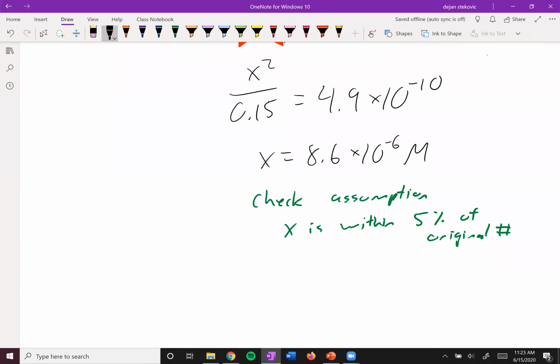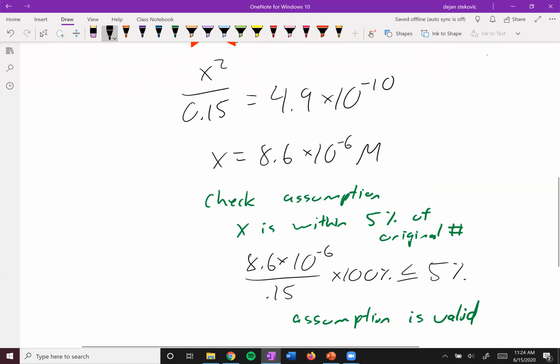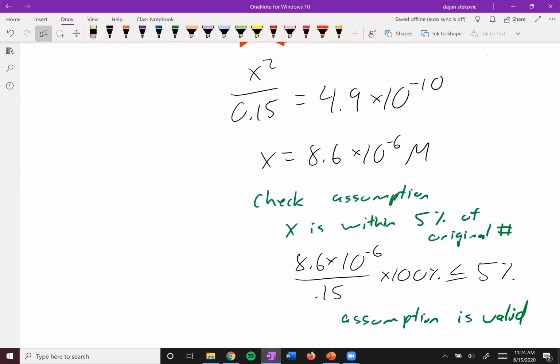So if we take 8.6 times 10 to the negative 6 divided by 0.15 multiplied by 100%, this number needs to be less than or equal to 5%. In this case, it is. It's not even close. It's a very tiny fraction of this number. And so if it's within 5%, your assumption is valid, and you're allowed to use this. Cool, so there's the assumption right there.